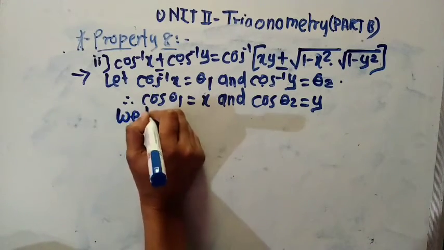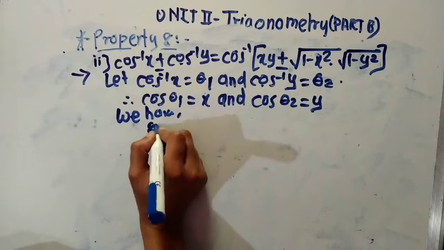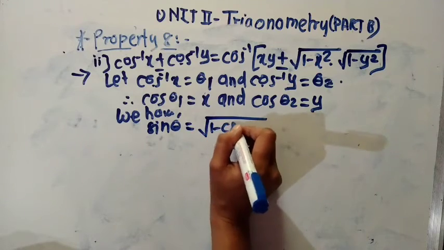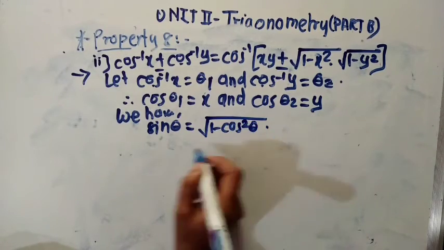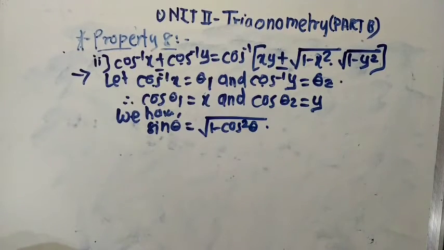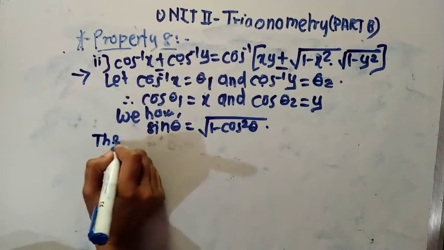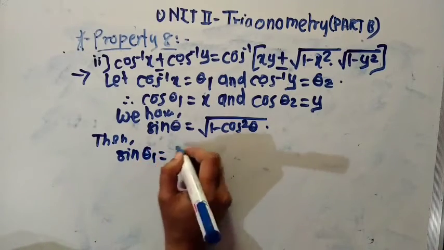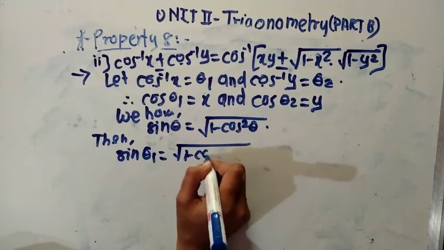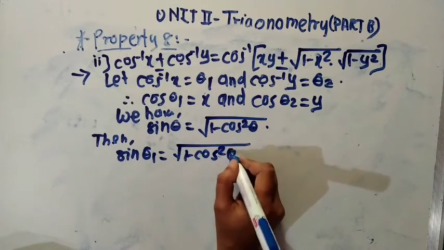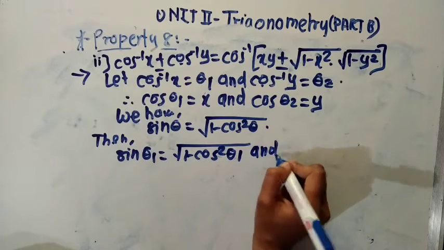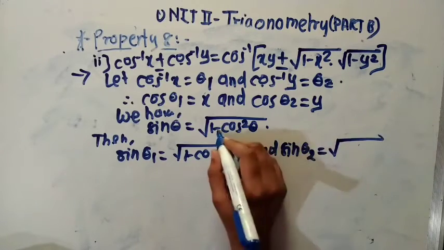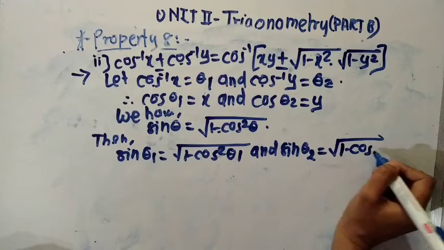Hence, we have sin theta is equal to root 1 minus cos square theta. Then sin theta 1 is equal to root 1 minus cos square theta 1 and sin theta 2 is equal to root 1 minus cos square theta 2.